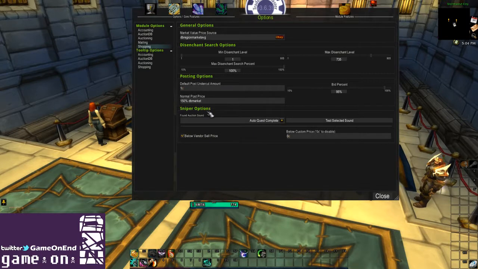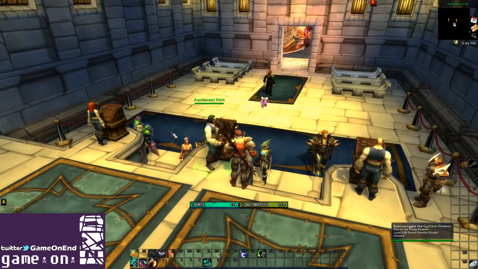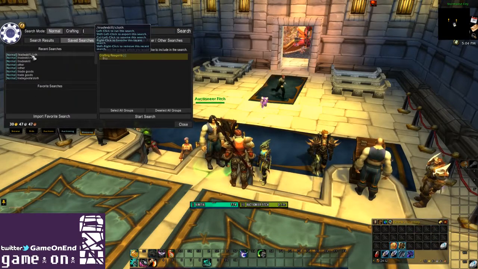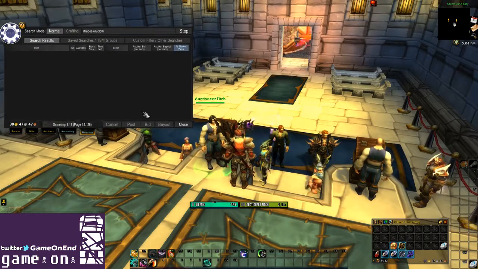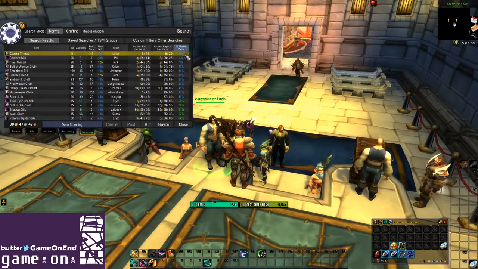And then for sniper, it's usually fine to go ahead and set this because, sure, we want to buy items that we can sell to the vendor for a profit. So let's go ahead and hit OK on this here. And we will do our shopping search again. And now you can see we have percentages here. So this is based on those region prices that we specified.